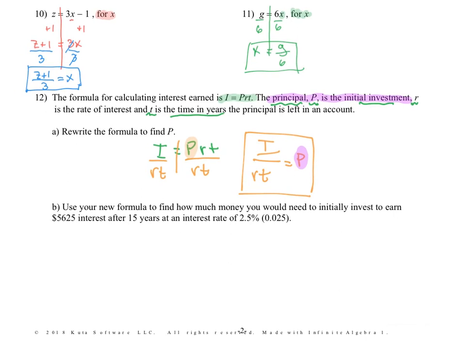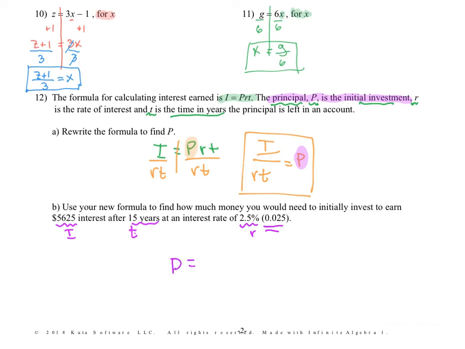So I've got 5,625 is your interest. So that's I. 15 years is your T. And finally, 2.5% is your interest rate, but I've gone ahead and converted that into the correct decimal value, so you don't have to.